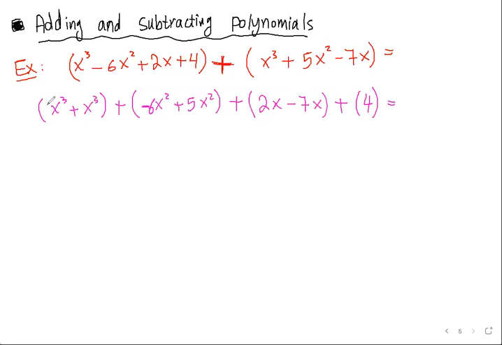So now we combine the like terms. I have number 1 in front of the x cubed, and here I have number 1 in front of the x cubed. I just add the numbers. So 1 plus 1 is 2x cubed, plus minus 6 plus 5 is, what's the answer? Minus 1.